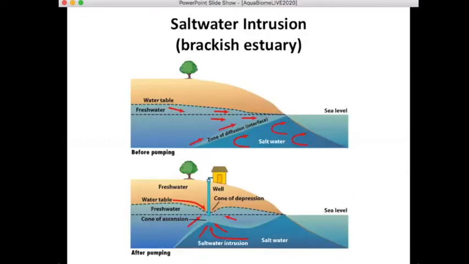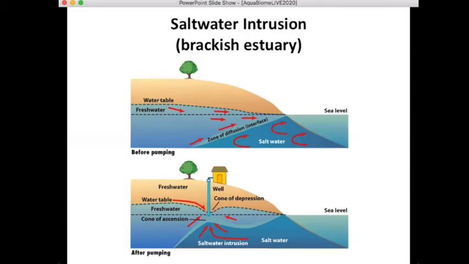Sometimes humans, remember, can impact biomes in negative ways. We've chopped down a lot of temperate forest. We're now chopping down rainforest. We can actually influence a brackish estuary as well. When we build too close to the coast and we still need drinking water, well, what can happen is we can pull too much drinking water out of the ground, and it allows the ocean water to seep in and contaminate more of the terrestrial groundwater.